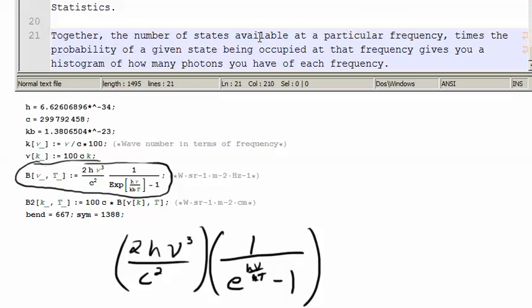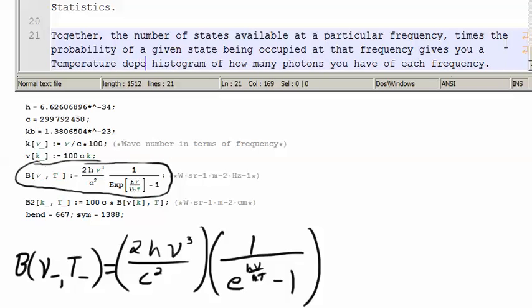Together, the number of states available at a particular frequency times the probability of a given state being occupied at that frequency gives you a histogram of how many photons you have in each frequency at a given temperature. So I should say a temperature dependent histogram of how many photons you have in each frequency.